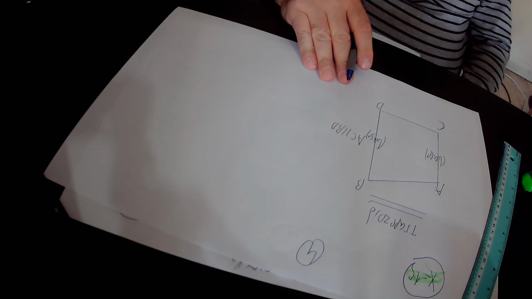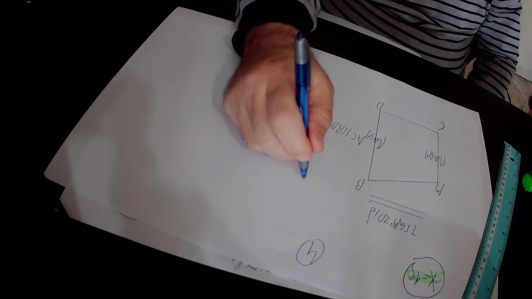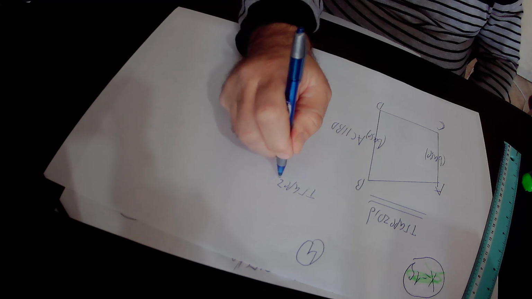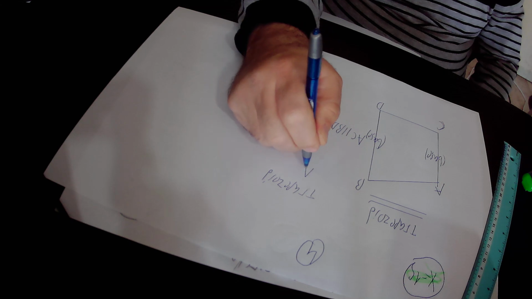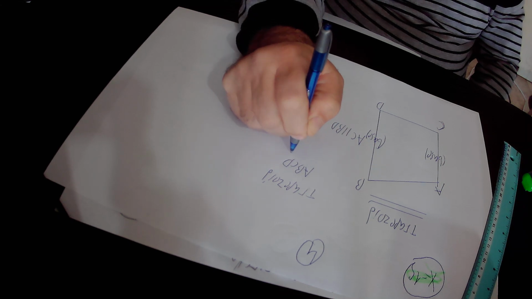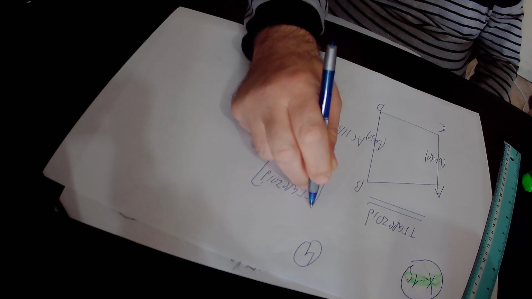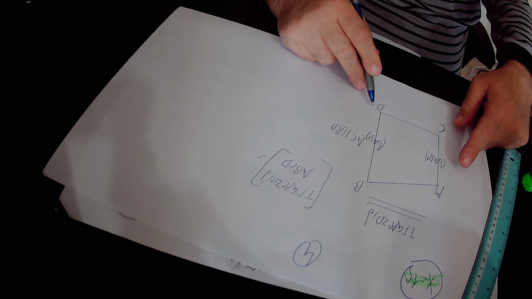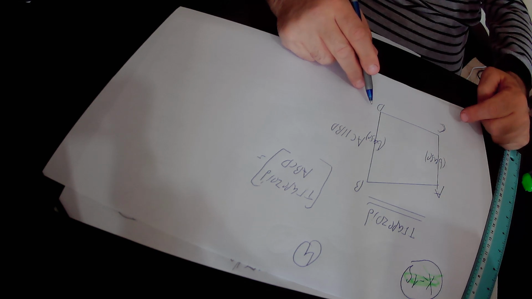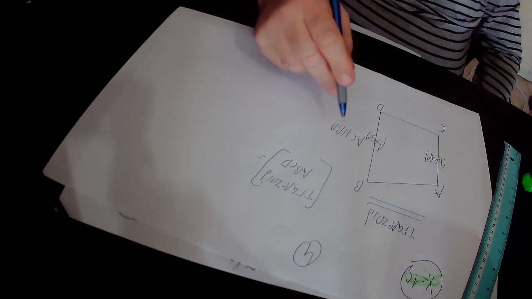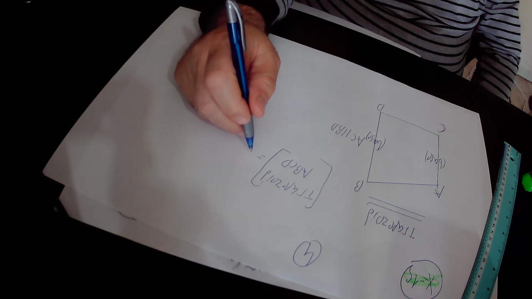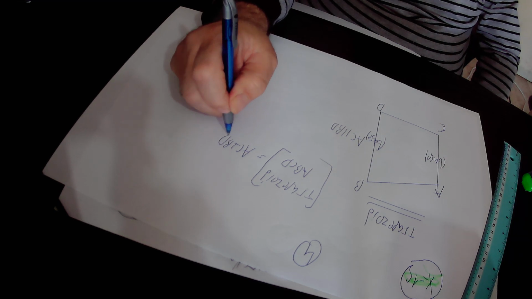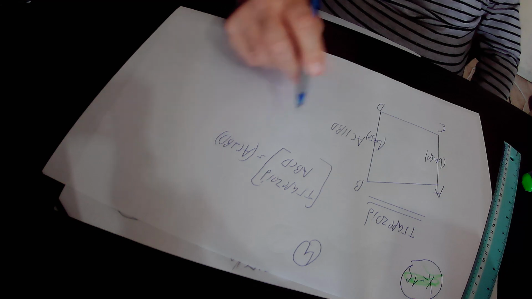The area of trapezoid ABCD equals the sum of its bases, that is AC plus BD, times the height.